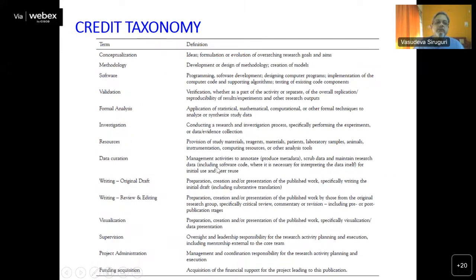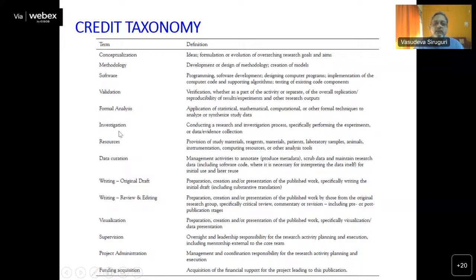Okay, so this CRediT taxonomy comprises certain heads starting from conceptualization, methodology, software, validation, analysis, investigation, and so on, writing original draft, then review and editing, visualization, project administration, funding acquisition. So all these are different heads the authors might have been involved with. Conceptualization means ideas, formulation and evolution of overarching research goals and aims.